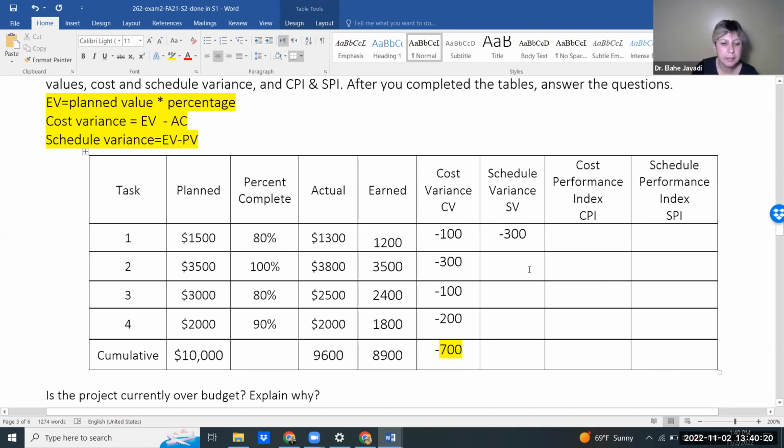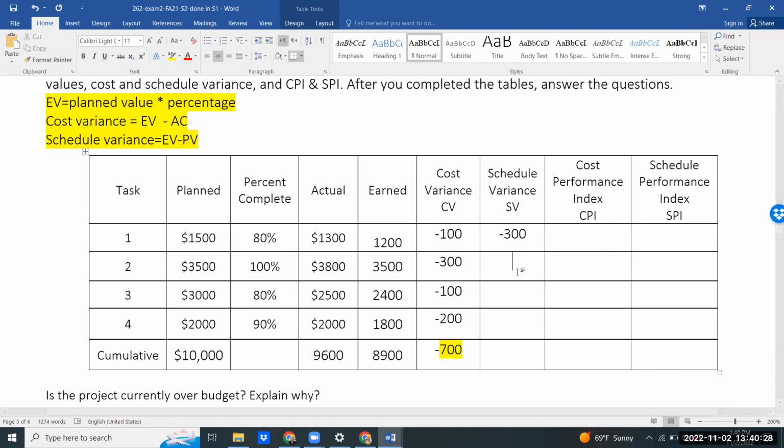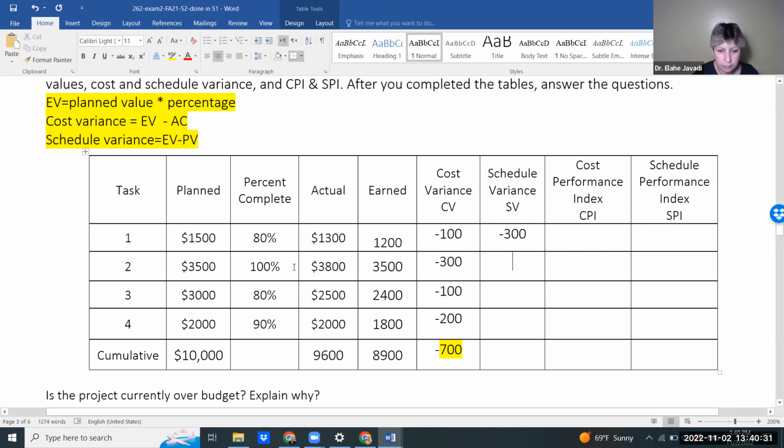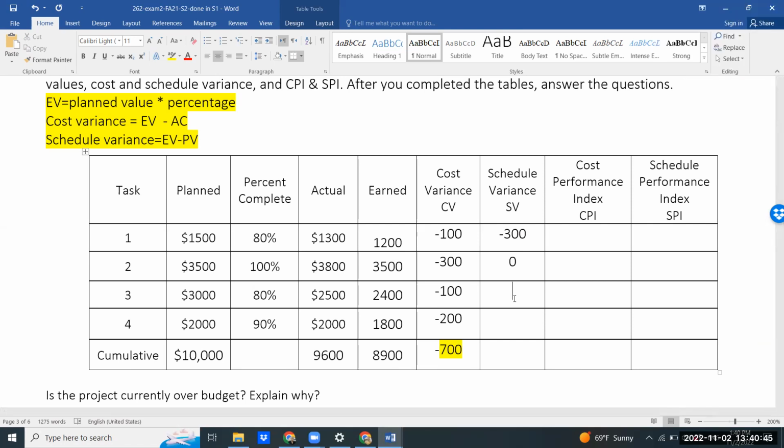Perfect. Give me the schedule variance for the next one, Dana. 0. Yep. You're on schedule for this one. You're right. Keegan, next one. Negative 600.